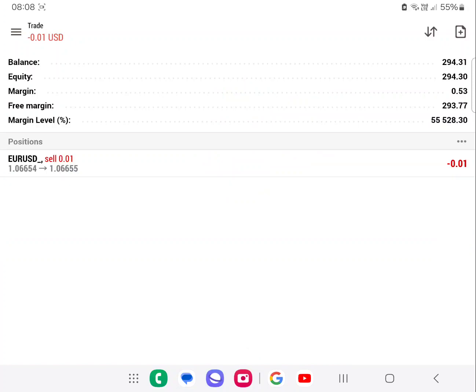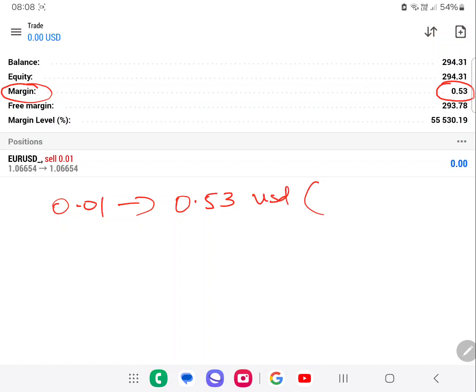So what happens, I want you to observe here carefully. You see it has taken a margin of 0.53, right? And this is our point of interest. So if a position of 0.01 is taking a margin of 0.53 dollars, you can think of margin as the amount you need to open a position.